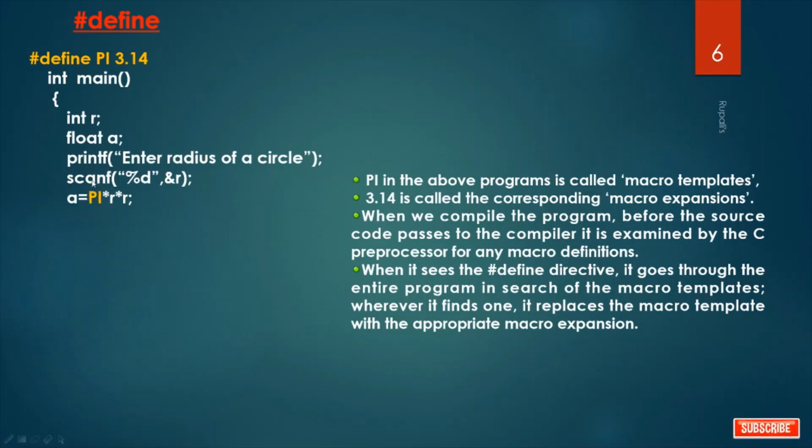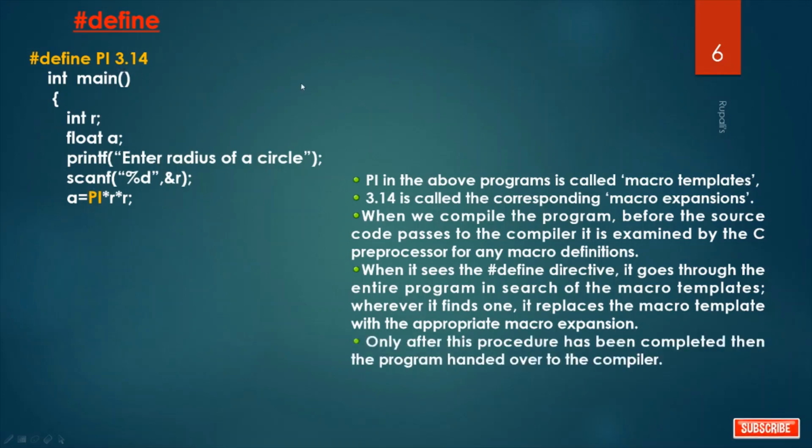See here, the macro template is there. Wherever it finds one, it replaces the macro template with the appropriate macro expansion. So PI will be replaced by the appropriate macro expansion, that is 3.14. Only after this procedure has been completed is the program handed over to the compiler.